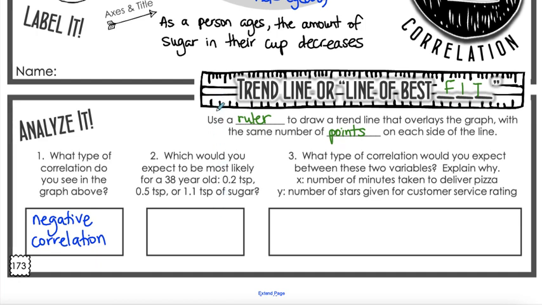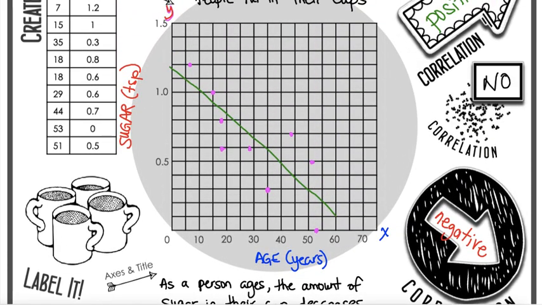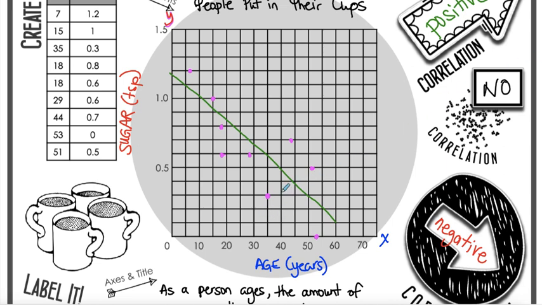So this says, which would be most likely for a 38-year-old to have? 0.2 teaspoons of sugar, 0.5 teaspoons of sugar, or 1.1 teaspoons of sugar. So we're going to come back up to our graph, and find our line of best fit for someone who is 38 years old. 38 years old is approximately right here.